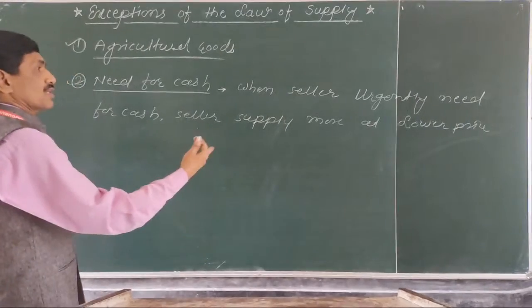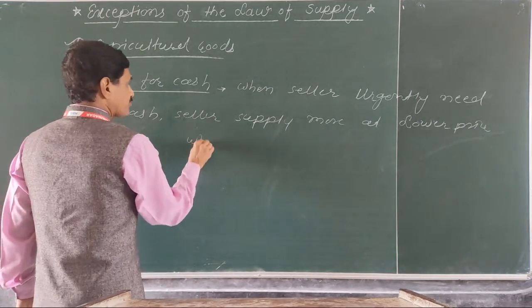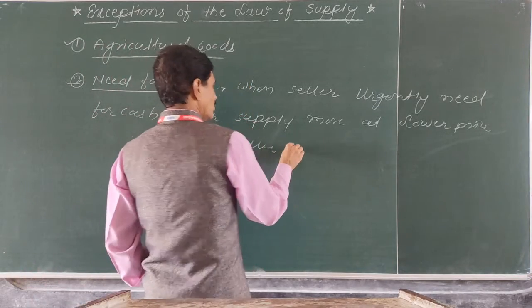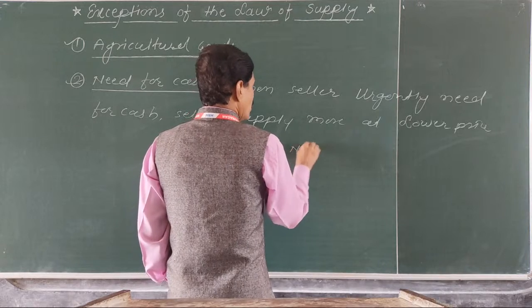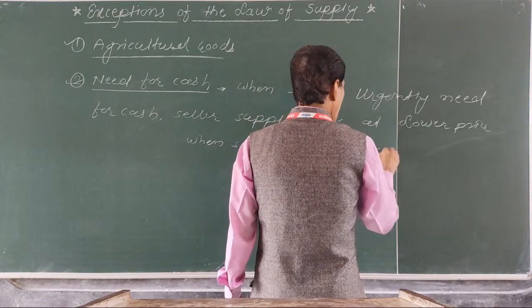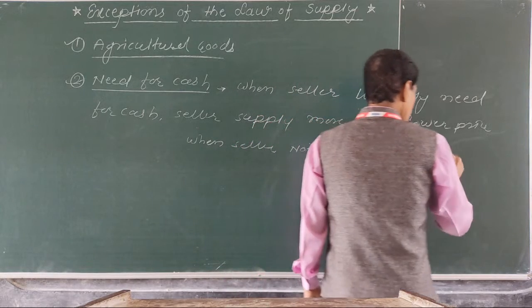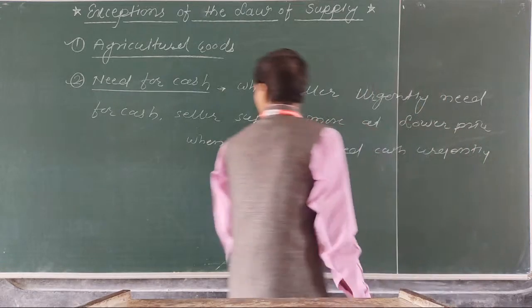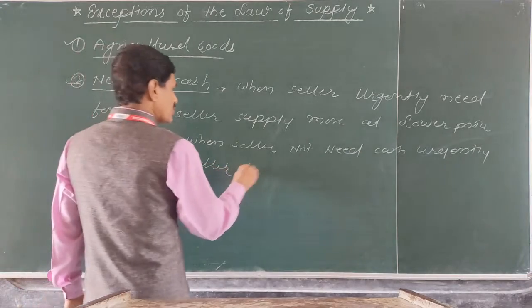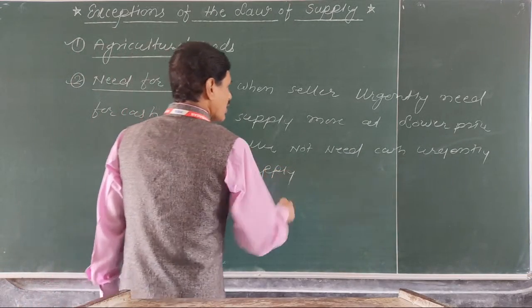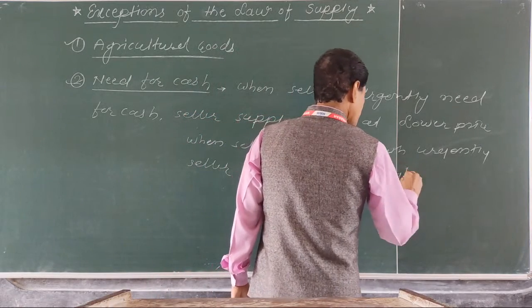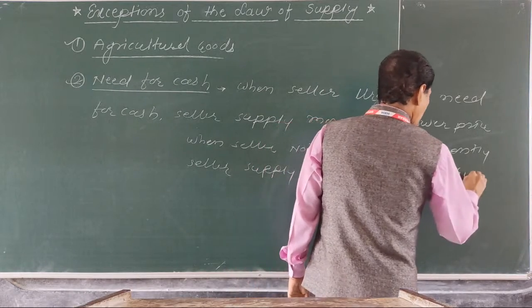And the opposite: when the seller does not need cash urgently, then the seller supplies less at a higher price.